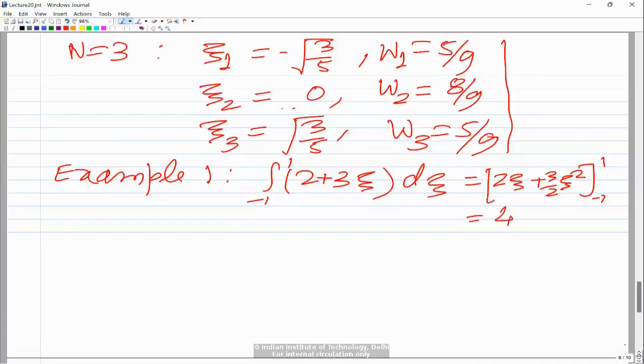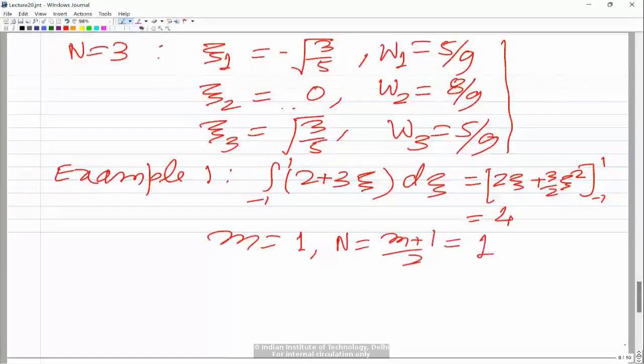First, we need to decide capital N. You see here the highest power of xi is 1, so m equal to 1. Therefore n would be equal to m plus 1 by 2, which is actually 1.